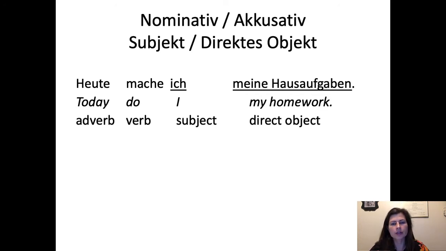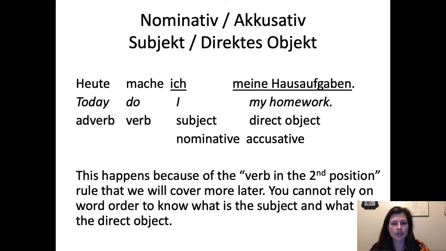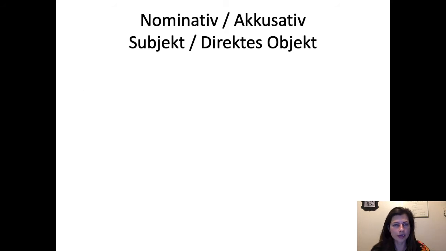And then only now are we getting around to our subject, and then only after that do we get around to the direct object, which ends up being that you have the direct object immediately following the subject, which can happen sometimes. And then it's important to be able to distinguish which is which, because it can get a little confusing. But in 2 days we will review all of the word order rules. And of course, the most basic word order rule in German is verb in the second position.